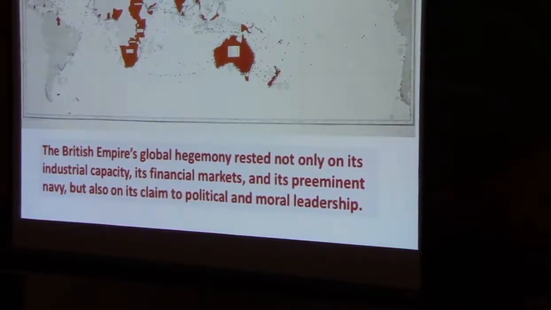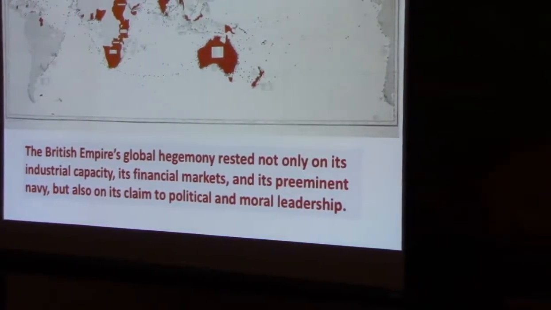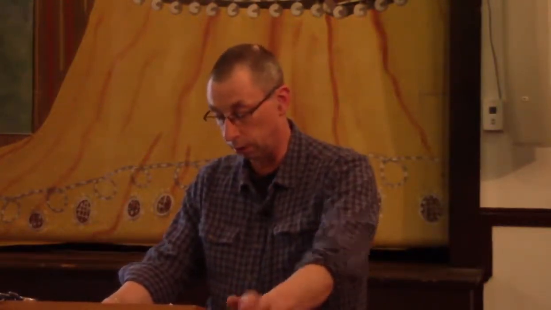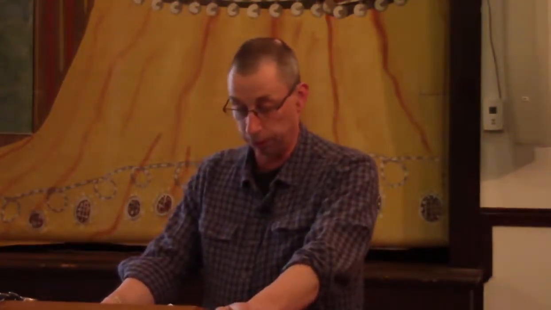It implies not only economic and military power, not only economic and military predominance, but also leadership. Political leadership, a claim to moral leadership in the world, and the British doctrine of free trade, as we discussed in the last class, was very much part of that. So this is the background to what I want to talk about today: a world dominated by the British Empire.